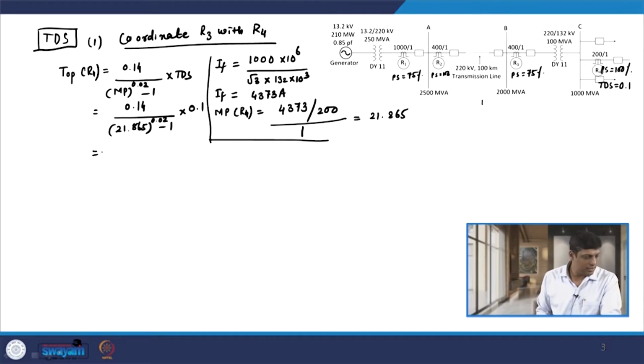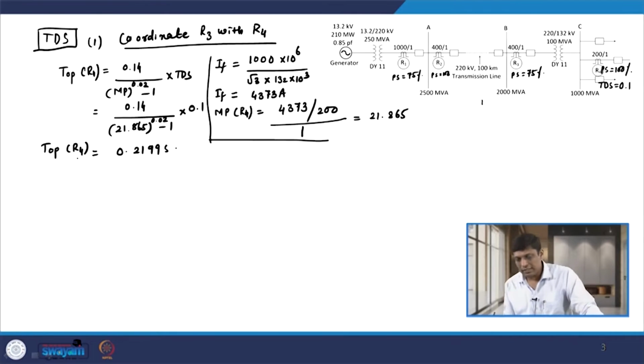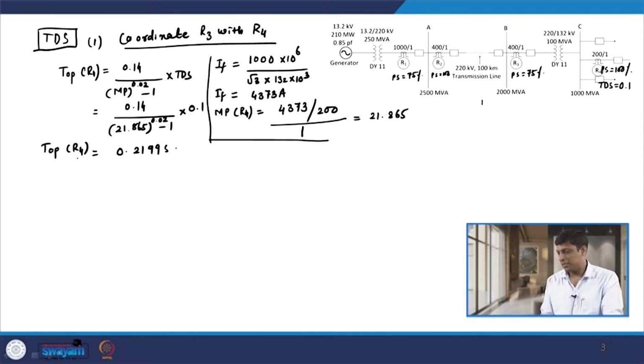If we solve this, we get the value 0.2199 second. This is the time of operation of relay R4 with the fault level of 1000 MVA given at bus C. If I consider this, or if I consider immediately after the relaying point R4, both are the same.